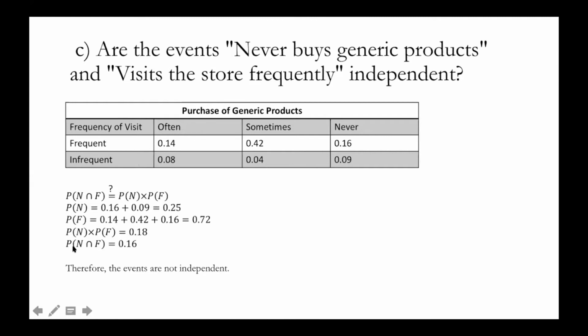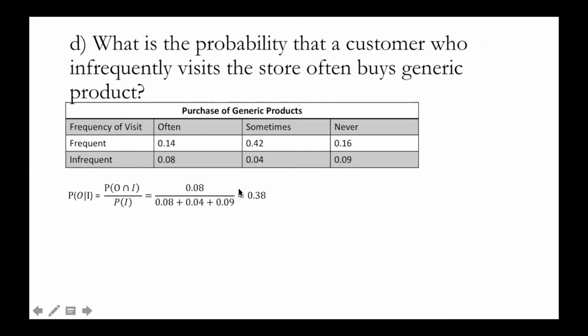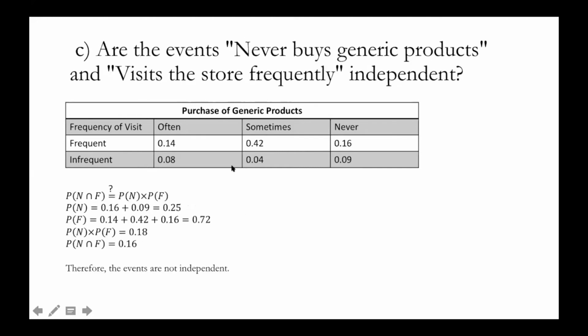And the probability of the intersection of never buying generic products and being a frequent customer will be 0.16. And therefore the events are not independent, because the intersection of the two events and the multiplication of the two probabilities are not equal. Therefore they are not independent since the rule is not fulfilled.